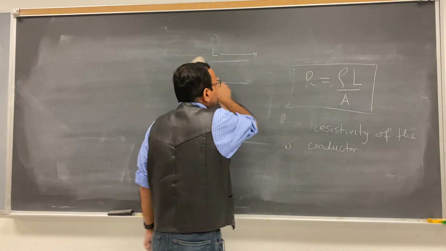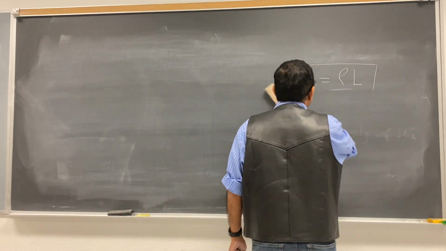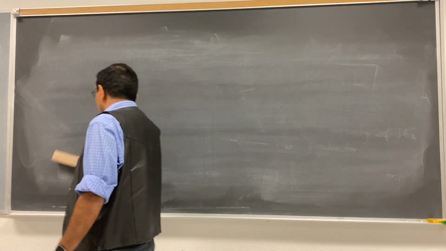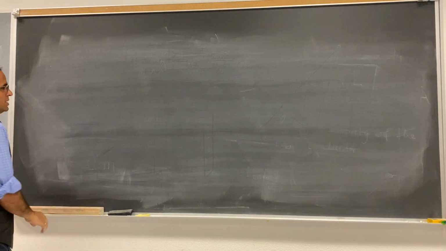So we are talking about resistance, the property that opposes the flow of electrons, and resistance also depends on temperature.